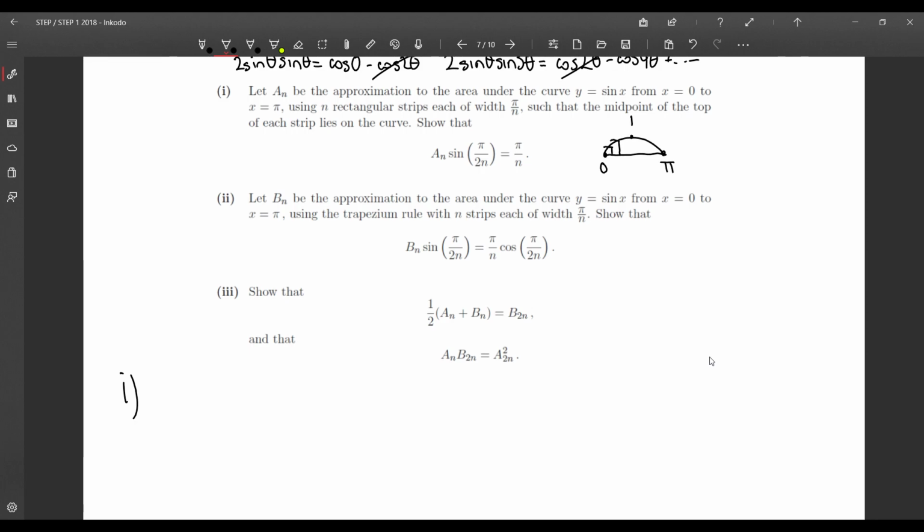I'm bad with drawing these sorts of things. Pi over n, 2 pi over n, 3 pi over n.